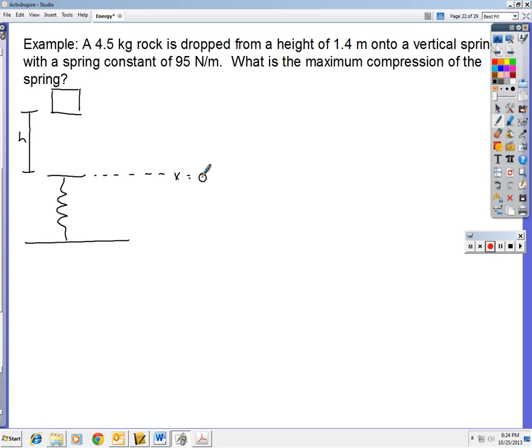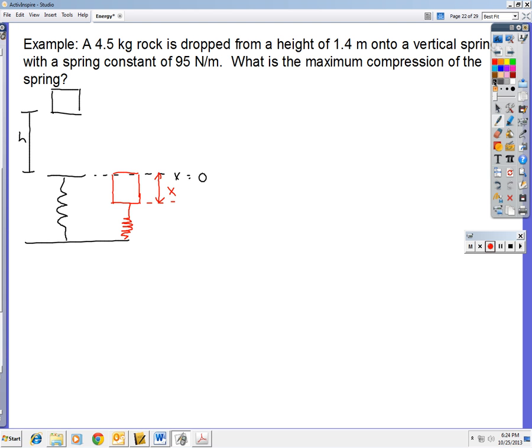For convenience, I'm going to make that our 0 for gravitational potential energy as well. Then it's dropped, and when it lands on the spring, it compresses the spring a certain distance, and that distance we'll call x. We're going to use energy to find out what x is.